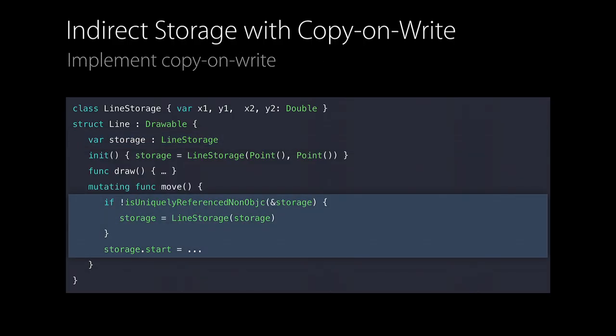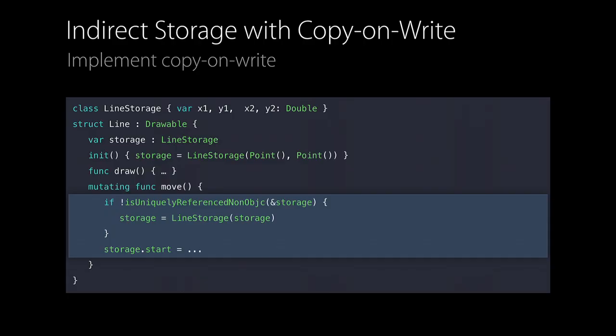However, when we come to modify, mutate our value, we first check the reference count. Is it greater than 1? This is what the isUniquelyReferenced call here achieves. The only thing it does is check the reference count. And if the reference count is greater than 1, we create a copy of our LineStorage and mutate that.